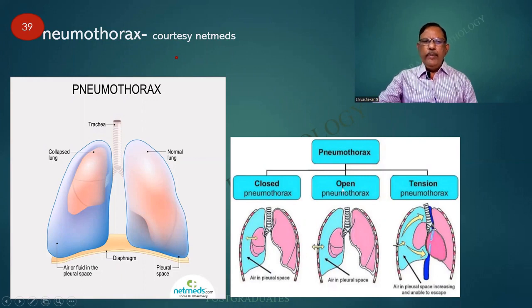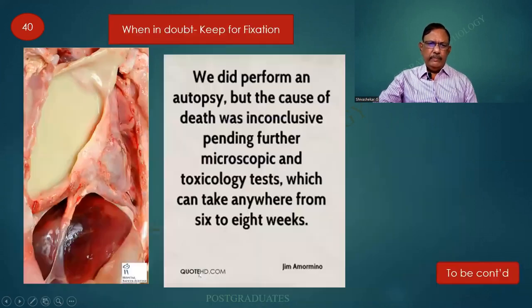Or it can be an open pneumothorax from the exterior. If there is a stab injury, etc., or sometimes a fracture of a rib, air can be entering inside. Third one is a tension pneumothorax. You find it keeps accumulating in one region, collapsing the lung. All of these can be medical or surgical emergencies. Please do remember the different terms of pneumothorax, at least for the sake of completion. And courtesy NetMeds for these pictures.